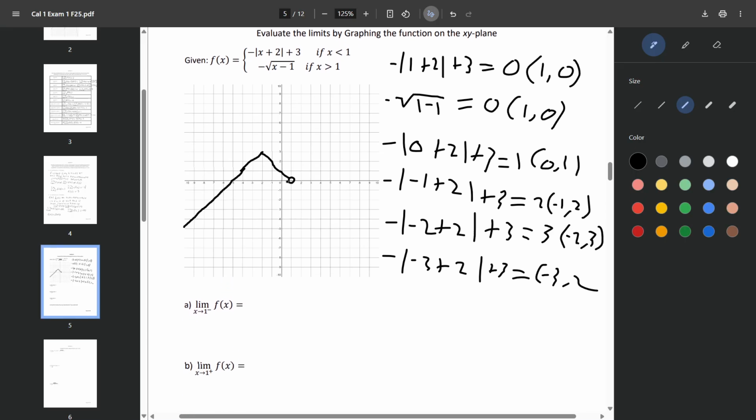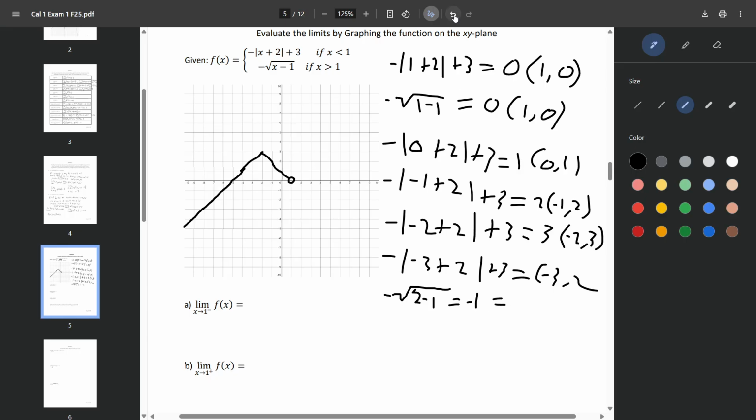And for the left side, let's see. Equals -1.